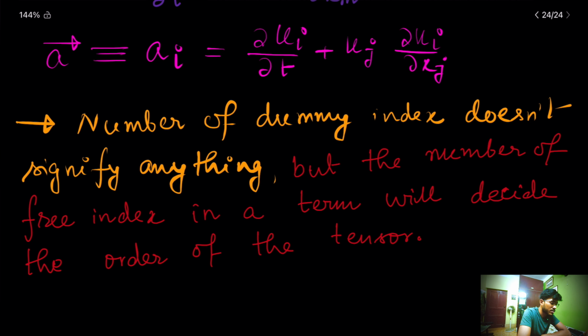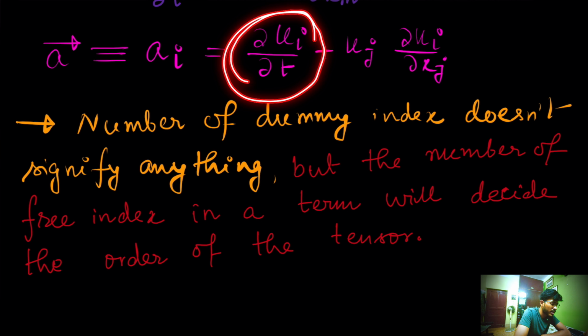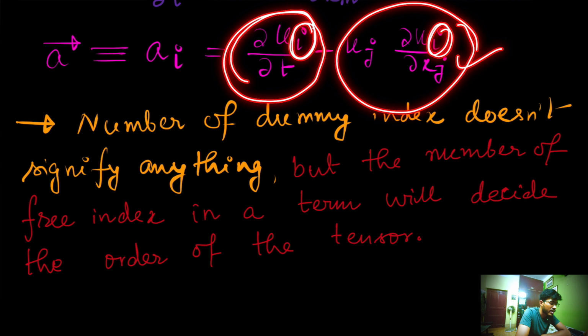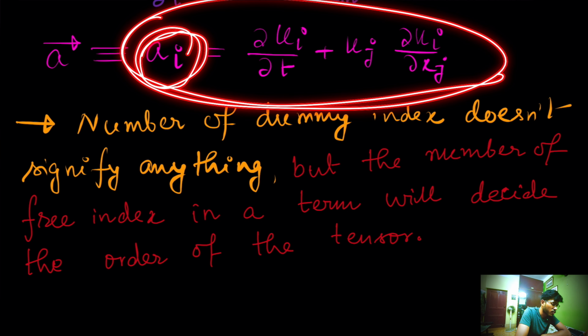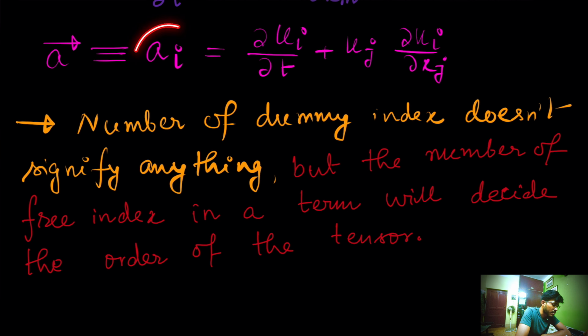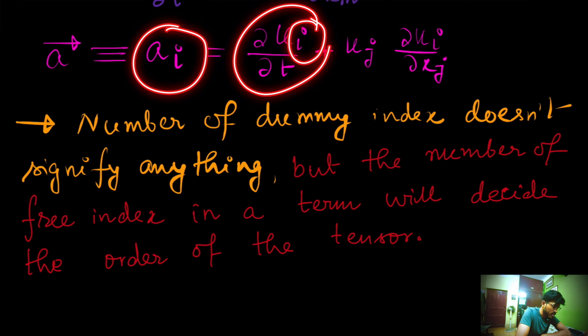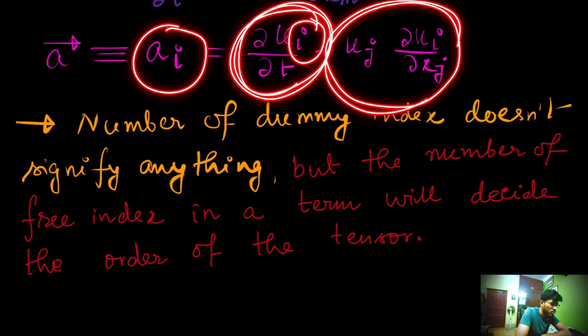So in this expression, I have one free index in this term and one free index in this term, and every term in an equation. So this is the whole equation, and this is a term, and this is also a term.